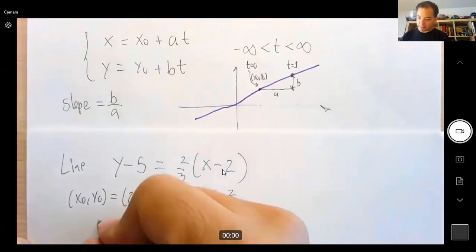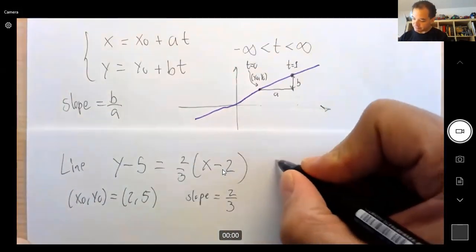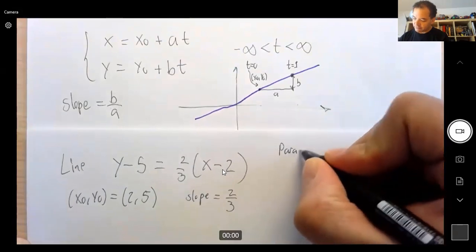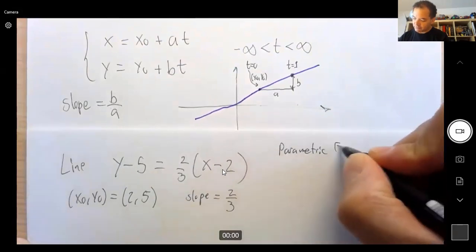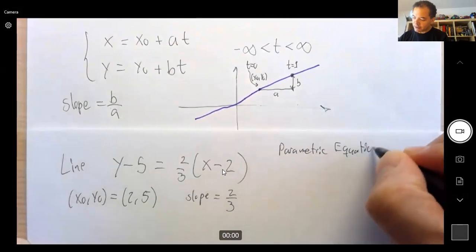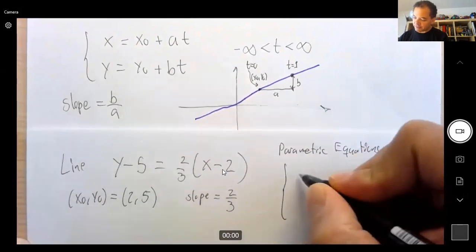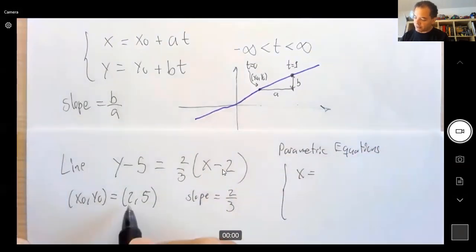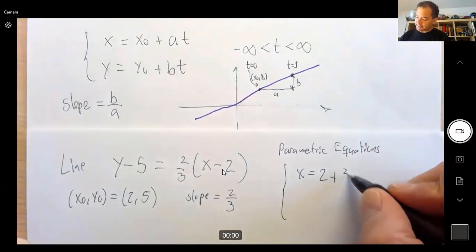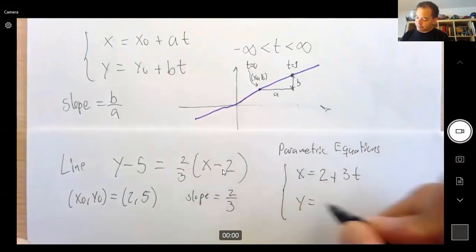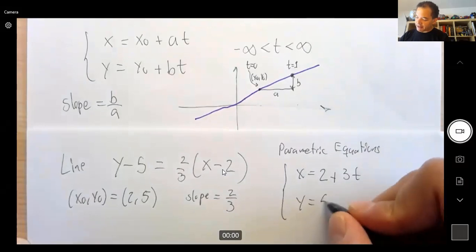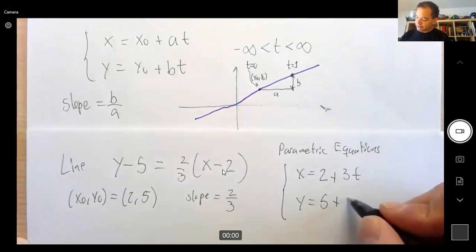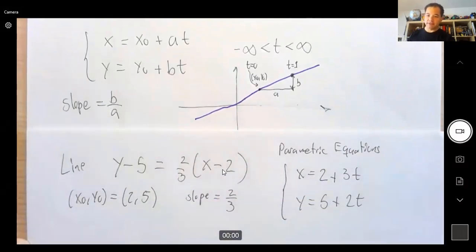So here are my parametric equations. X will be the x0, which is 2, plus the a, and the a is the one in the bottom. So 3t. And y will be this guy over here, 5, plus the one on the top, 2t. That's it. Pretty straightforward, right?